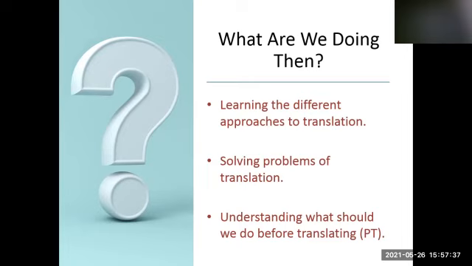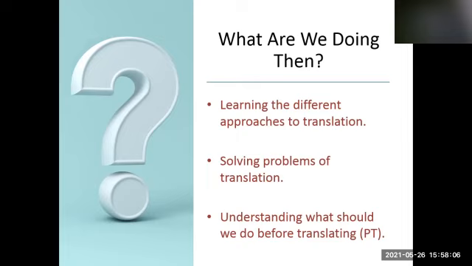PT, prior to translation. So apparently there is a sort of preparation for translating. You cannot just take the book and immediately sit and start translating. You need to prepare before translating. So this is what we are going to do in this course.